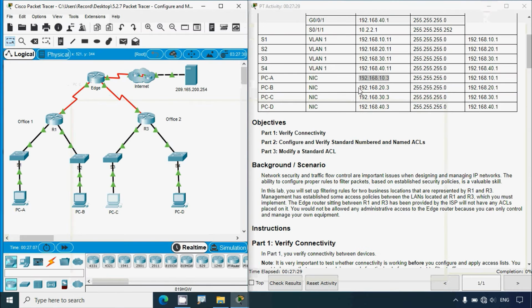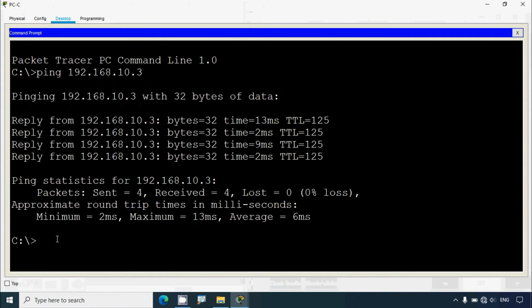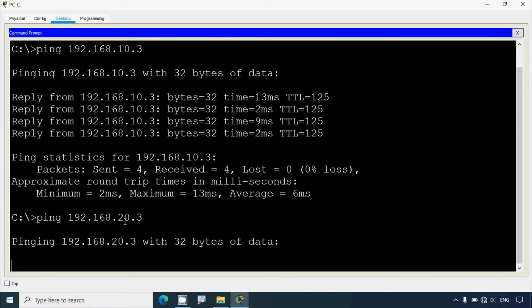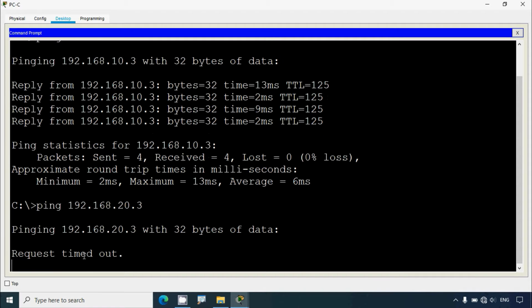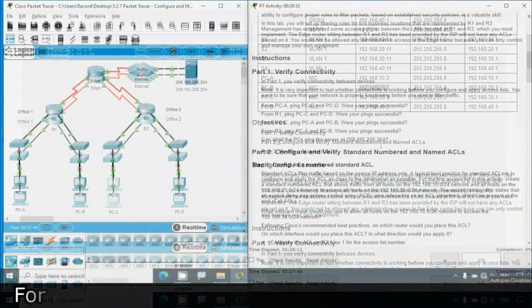Now we will ping to PC-B. We may get one request timed out. Here we get the replies.